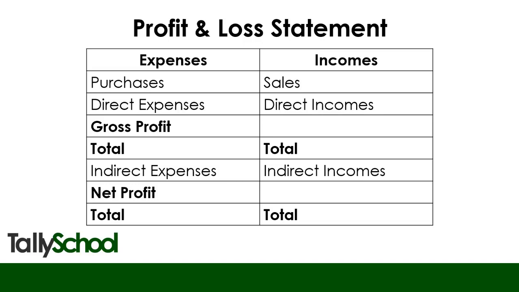So let's quickly know what this upper part of the profit and loss statement means. It can also be called a trading account, because you basically trade here and nothing else happens. You purchase sarees and you sell sarees, and the expenses of that appear here, and the direct income, which is directly related to your sales, appears here.